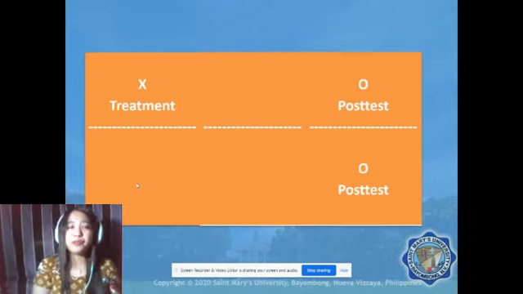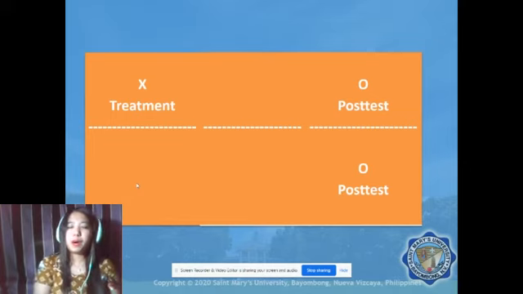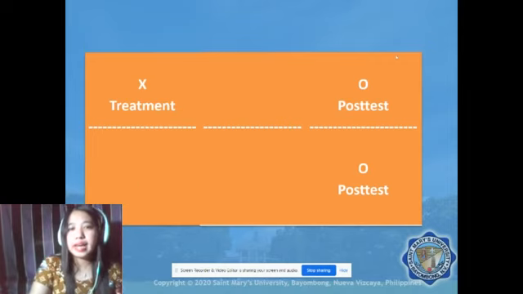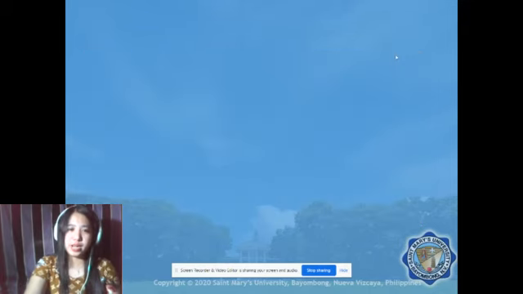For example, if we're talking about a book, it can be the existing book and the other one is the module developed by the teacher. So they are given the treatment and then the post-test. But again, it's mainly post-test only.